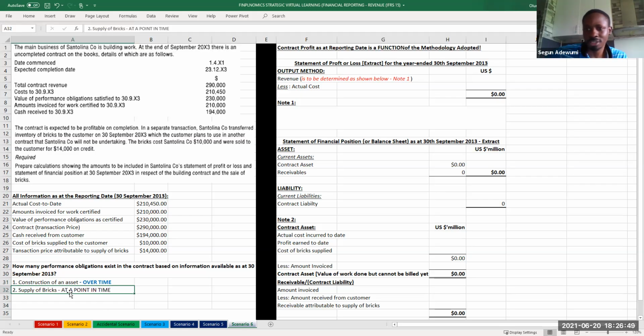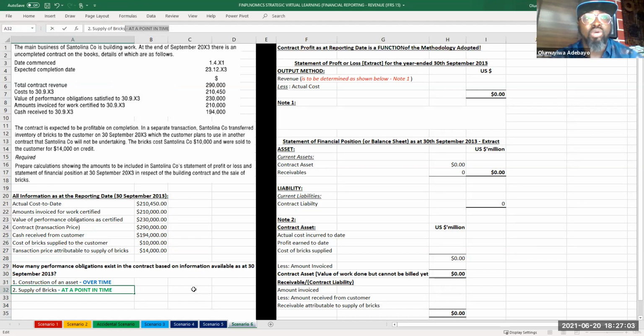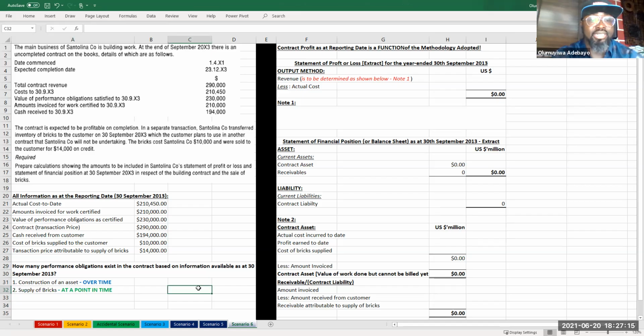It's not spread over a particular time, because the promised good is received and nothing else is expected to be performed in the future. Okay, but for the construction of assets, even though you've met phase 1, duly completed and certified, you still have future performance in order to fully complete the project. And therefore, that is over time. Let's take note of that. Now, let's move ahead.